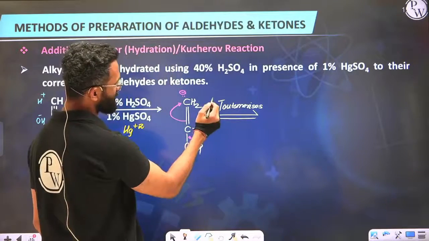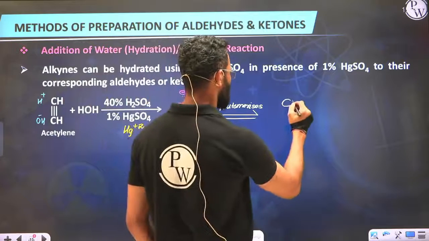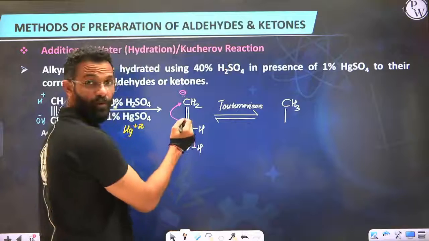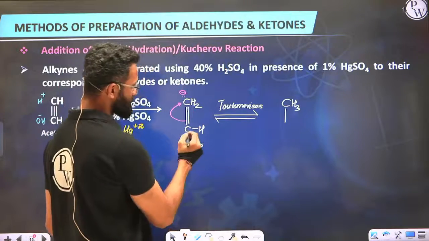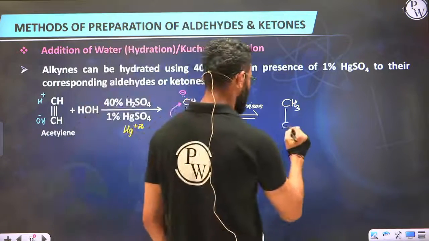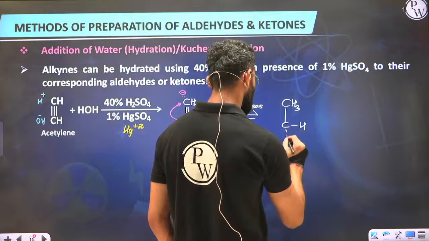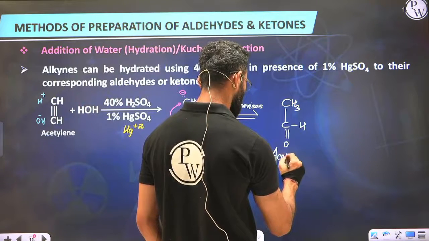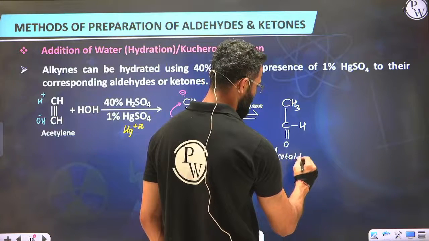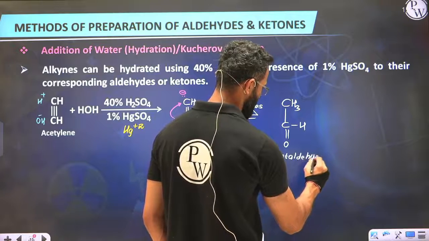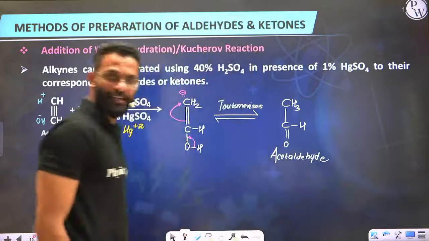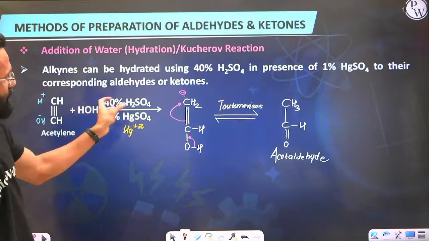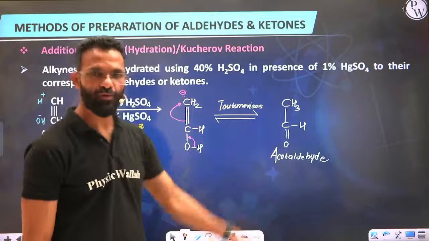CH2 after accepting H plus will become CH3. The double bond upon breaking became a single bond. CH double bond O. This product is nothing but acetaldehyde. So ethyne or acetylene upon mercury catalyzed hydration produces enol, which tautomerizes to give you aldehyde.